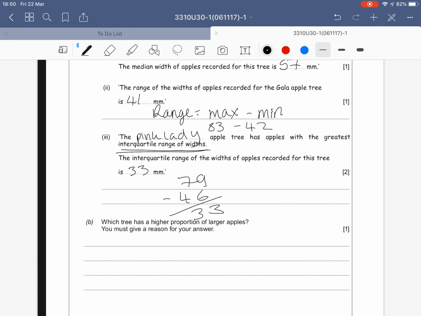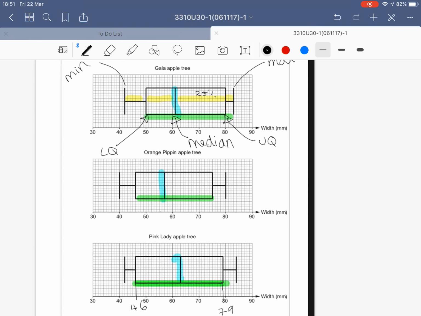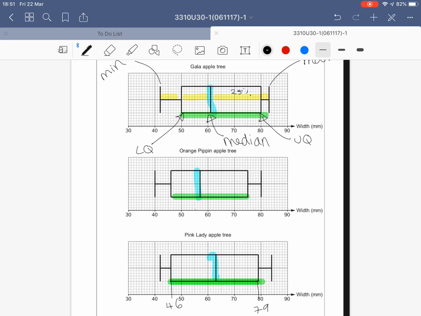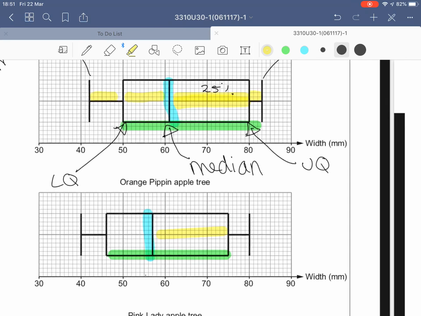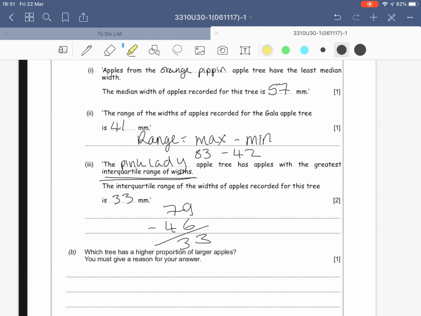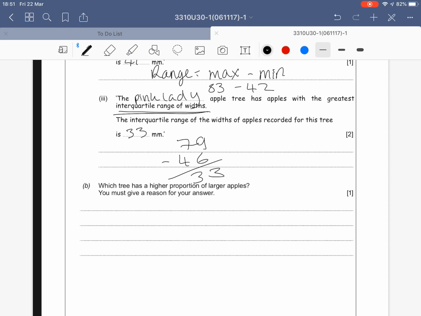Which tree has a high proportion of larger apples? So we want the biggest upper quartile. So basically this bit has got to be the biggest. I feel like it's going to be gala. You must give a reason for your answer.